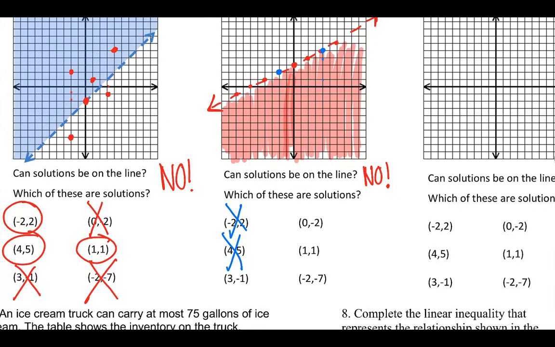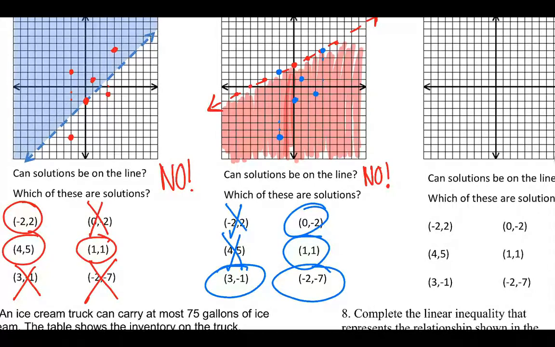Over 3, down 1. That is in our shaded area, so that one's good. Over 0, down 2. In the shaded area, that's good. Over 1, up 1. In the shaded area. -2, -7. In the shaded area. So those 4 are solutions, the rest are not.